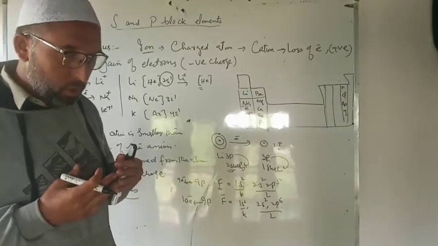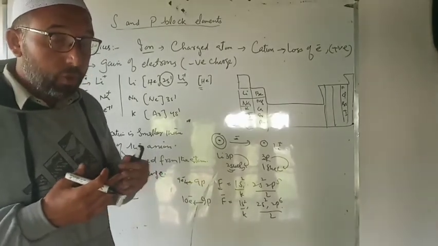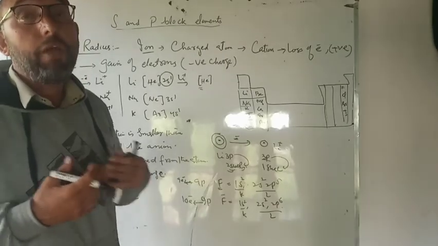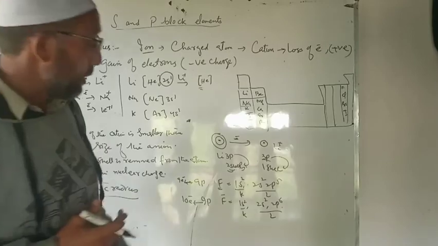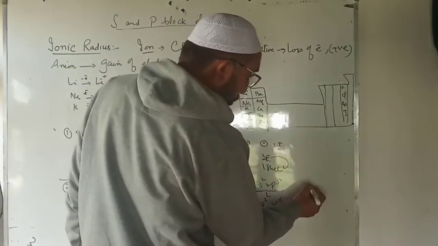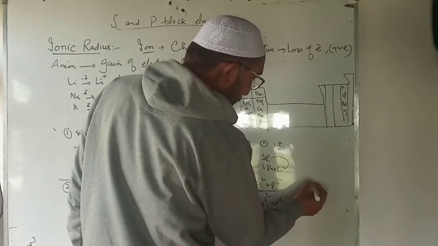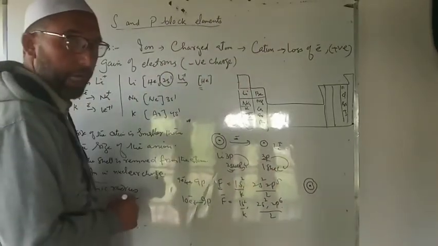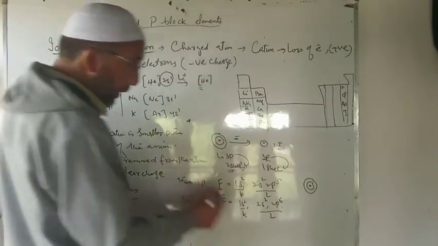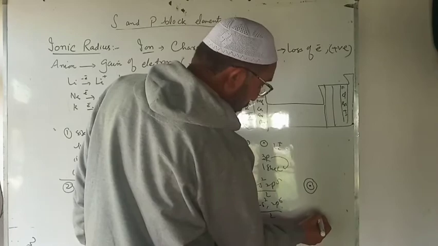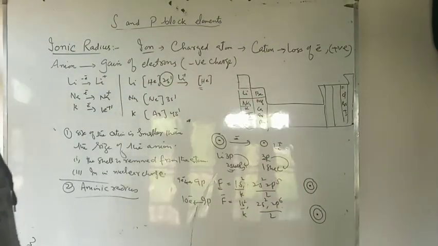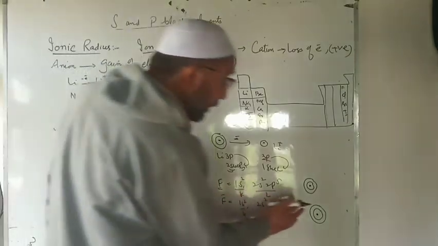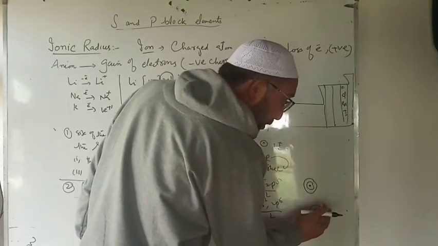These electrons will go away from the nucleus. So when the electron cloud goes away from the nucleus, the size of the ion will get increased. That means in fluorine, if this is the nucleus, these are the two shells having 9 electrons in them. In case of fluoride ion, this is the nucleus, there will once again be only 2 shells, but the electron cloud will get a little enlarged.